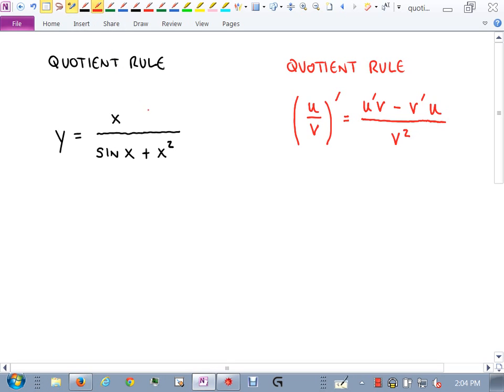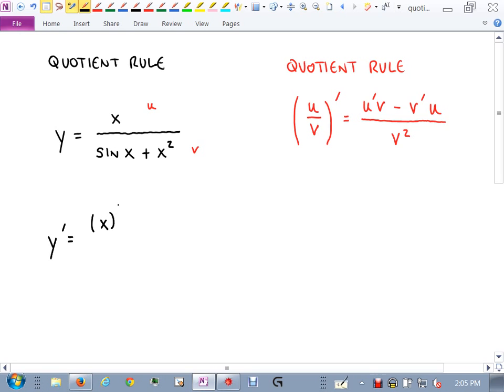The top here I'm going to call the top u, and I'm going to call the bottom down here v, right? Can you take the derivative of u by itself? Sure. Can you take the derivative of v? Well, it's two pieces. With addition, can you do the derivative of each one? Yes, so we should be able to handle this. So y prime will be, I'll do the prime marks for you this time.